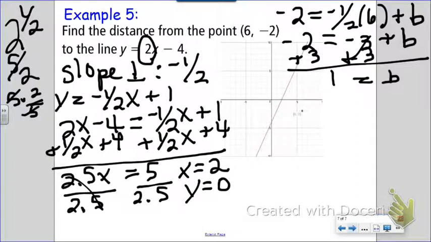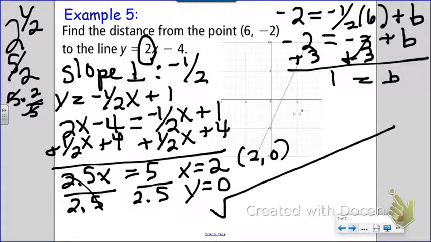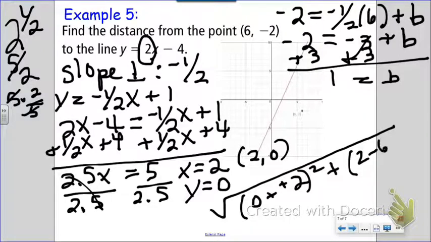So now I'm going to find the distance from (6, -2) to the point (2, 0) using distance. Just put it into the distance formula. Same thing we've been practicing. So I have y2 minus y1, 0 minus -2, or plus 2, squared, plus x2 minus x1 squared, so 2 minus 6 squared.